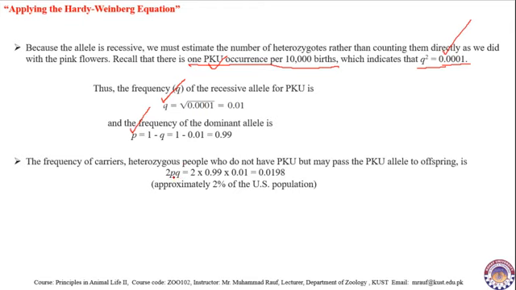Because the person will sometimes receive a defective copy from the father, sometimes a defective copy from the mother.